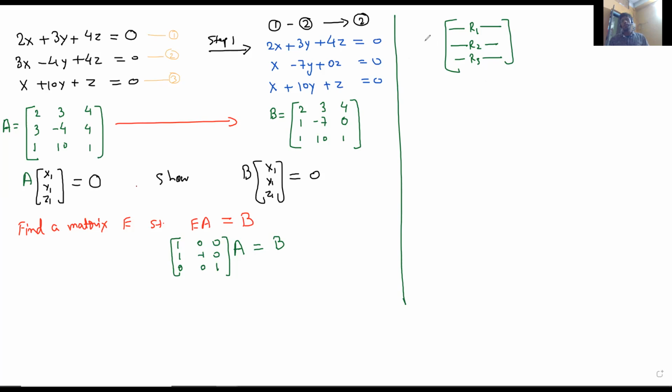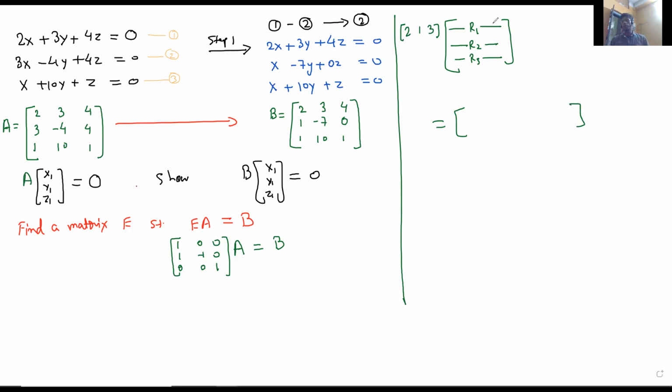Now suppose we just multiply this by a row. Let's say you multiply this by (2, 1, 3). What is it going to do? Obviously, this will return me a row. But what is that row going to be?